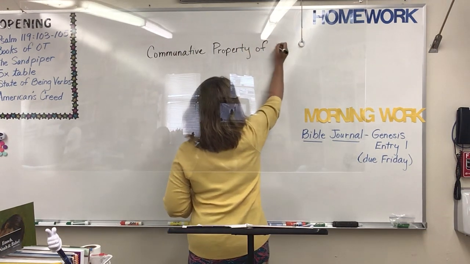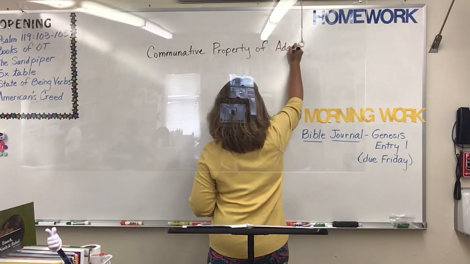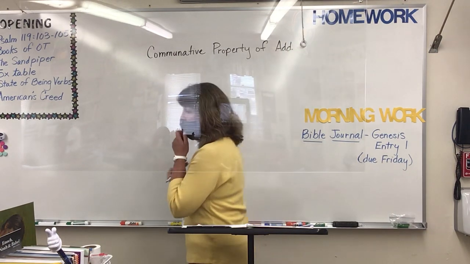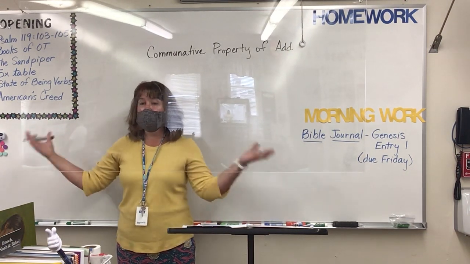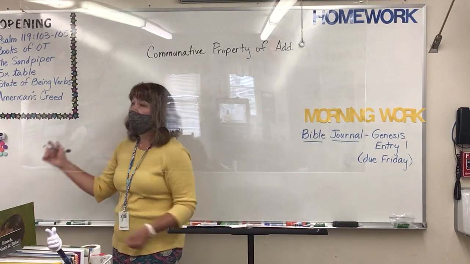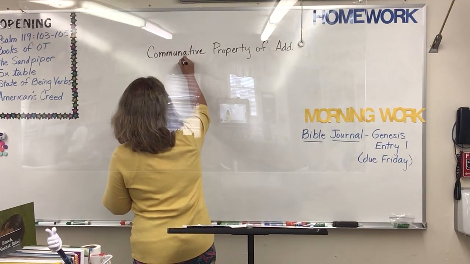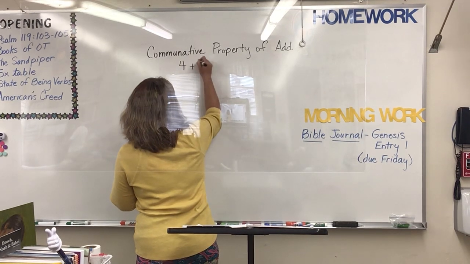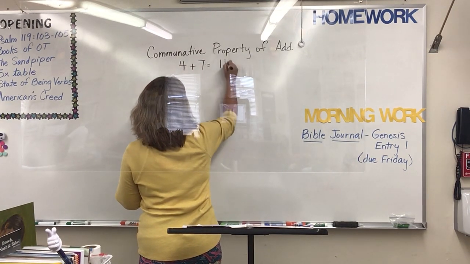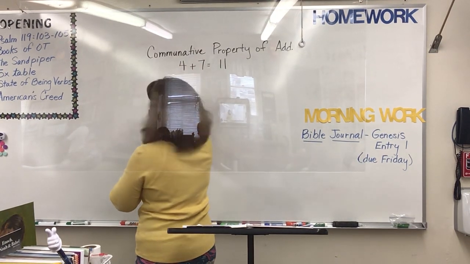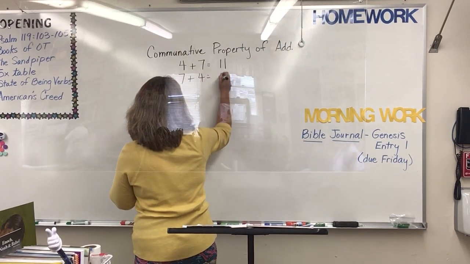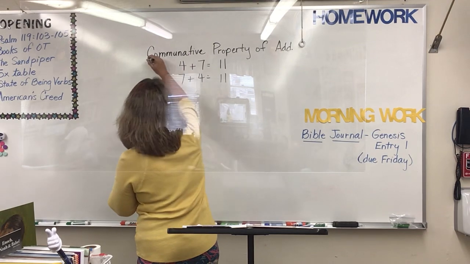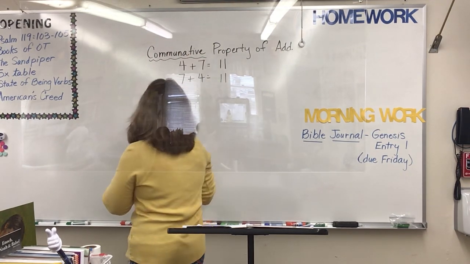Right. So remember, like in your community, if you all switch houses, it's still the same people. So if you have 4 plus 7 equals 11, you can switch your addends and you can say 7 plus 4 equals 11. Okay, so that's the commutative.